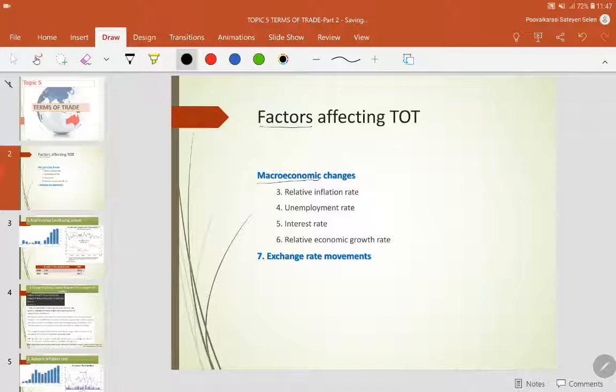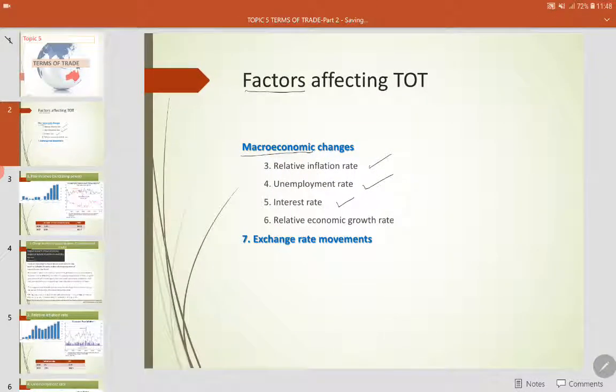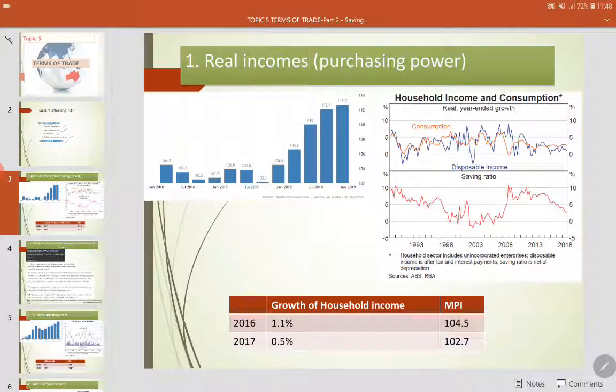So last lesson, the first one was changes in demand, and the second part was changes in supply. Now we're going to continue with macroeconomic changes, which are changes in inflation rate, unemployment rate, interest rate, economic growth, and also exchange rate movement. In this slide I've provided an example for real income or purchasing power.